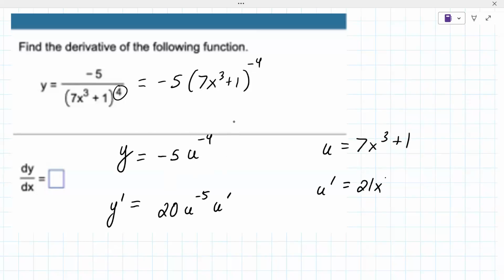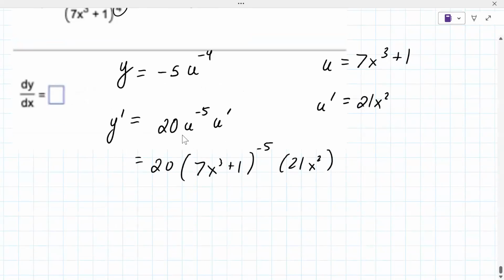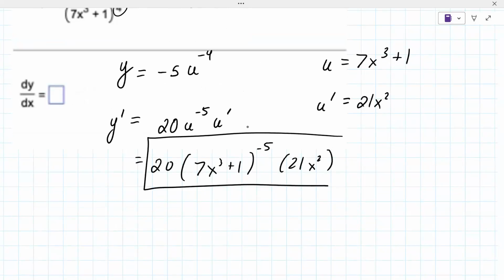Yeah, 21x squared. So now it's just backfilling what you substituted for. This one might have a slightly different form where this power of 5 is on the bottom on the multiple choice test. If you're not sure what I mean by that, I can show you now. But this is the correct answer.